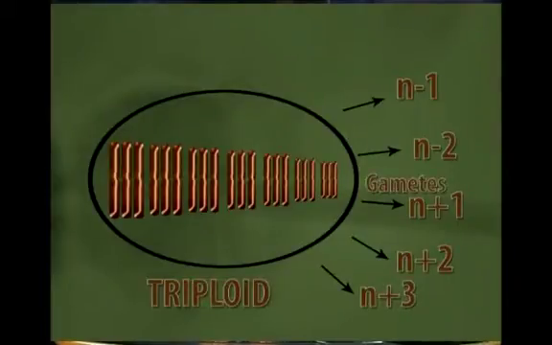In short, different types of aneuploid gametes are produced in case of triploids, and all the gametes produced by triploids are defective in nature, and fertilization between such gametes will result into the formation of different types of aneuploids.